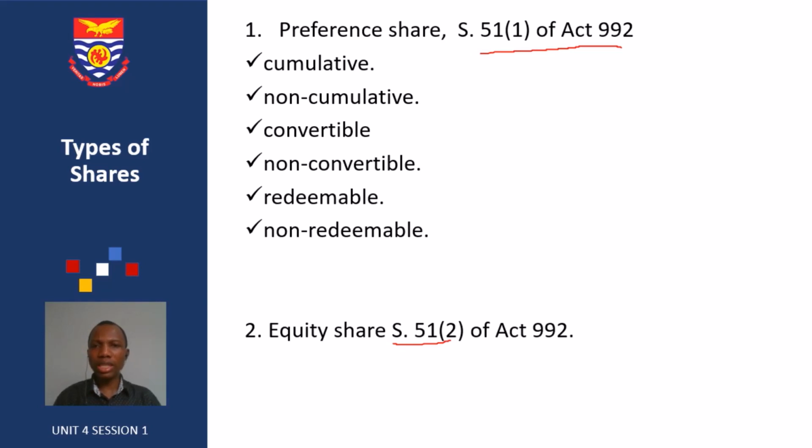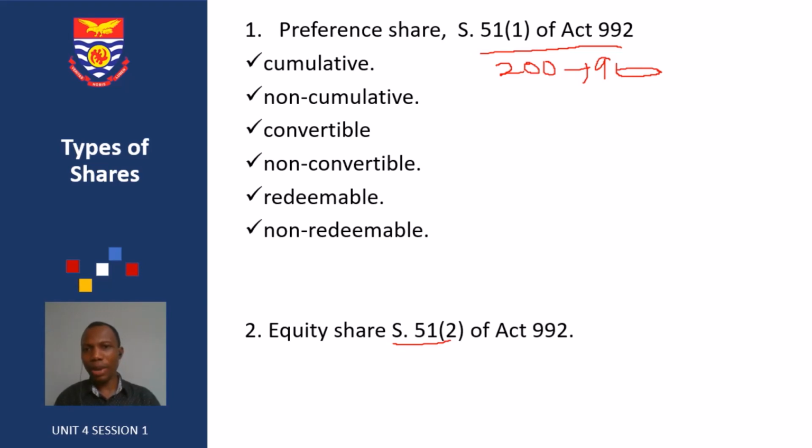If last year, for instance, the holder of a cumulative preference share was entitled to 200 Ghana cedis, but the holder was only paid 90 cedis as dividend, the 110 was not paid, so it will be in arrears.